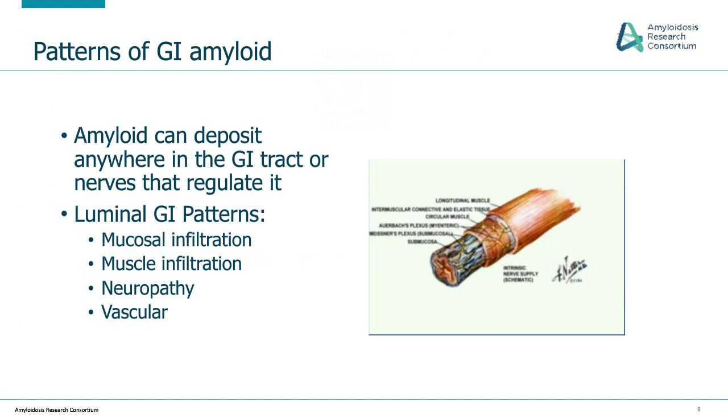Now, when we look at patterns of GI involvement with amyloid and why people get symptoms, the symptoms really vary based on where exactly the amyloid deposits. And from the gastrointestinal standpoint, the GI tract refers to everything from the mouth going down towards the anus.